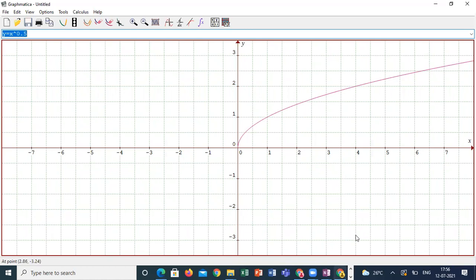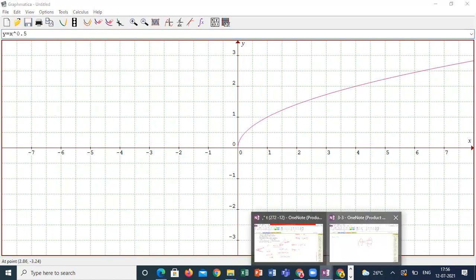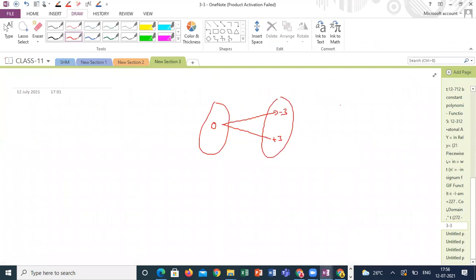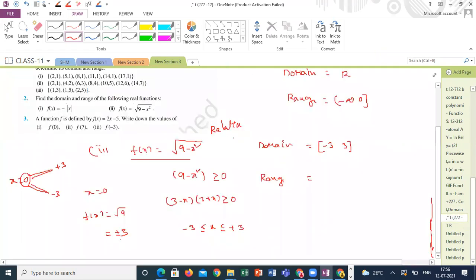Why? The range of root x is only positive real numbers. Why he is taking that, we will discuss in inverse functions. As of now, the range of this function is only 0 to 3. Understand, guys, what I'm saying? Yes, sir.